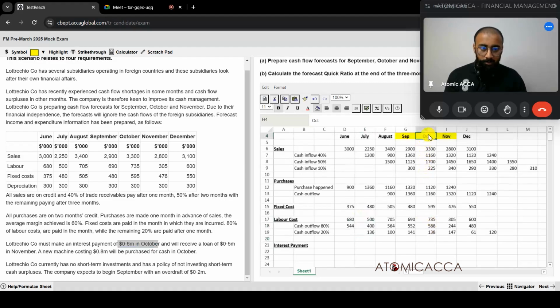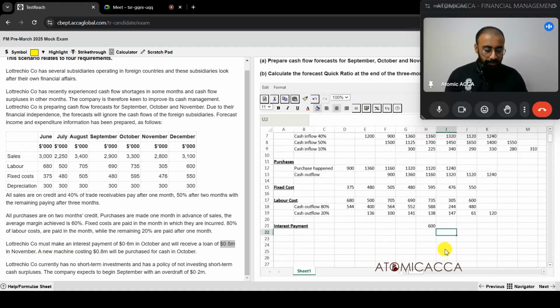So where is October? This is October. So 0.6 million. So all these are in thousands. So this will be 600,000. Then they will receive a loan of 0.5 million, 500,000 in November. So I'll just write it right beside this, 500,000 in November. So this is about loan received.